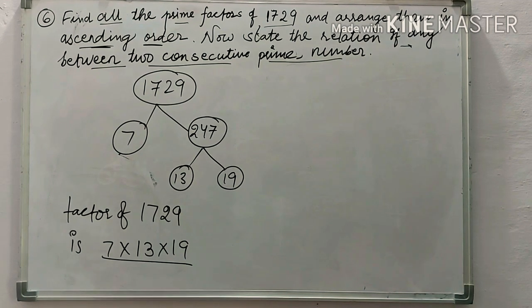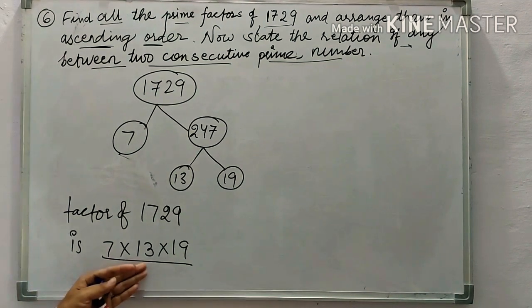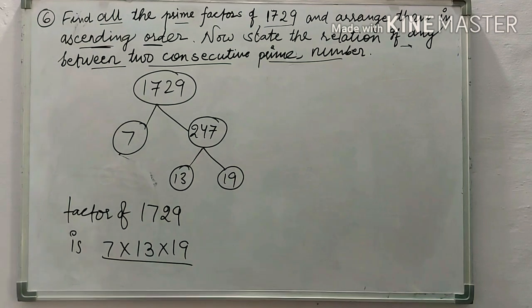And what is the relation between 7, 13 and 19? You know the relation between two consecutive numbers. First we write 7 to 13 and 13 to 19, arranged in ascending order. 13 after 7 and 19 after 13 are consecutive.